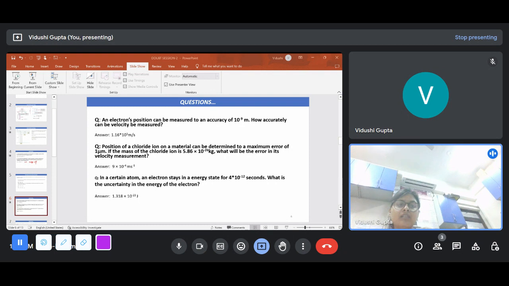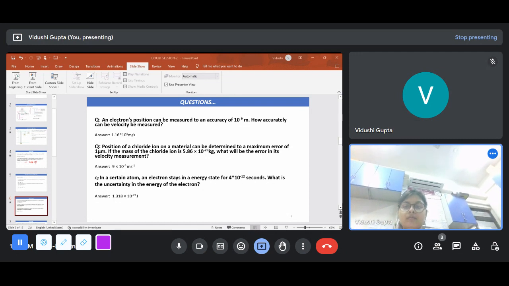So by solving this, we calculate the uncertainty in the position of the baseball.